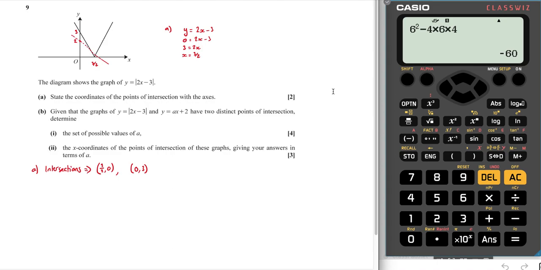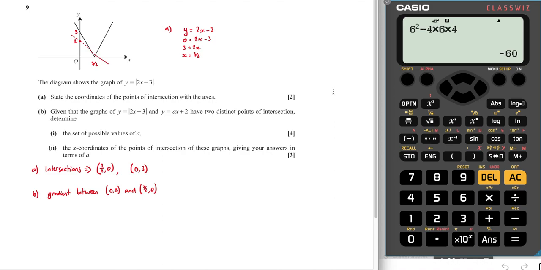So we're trying to find a gradient. It's going to be a negative gradient. So let's find the gradient between (0, 2) and (3/2, 0), because I think that's going to be our lower limit.